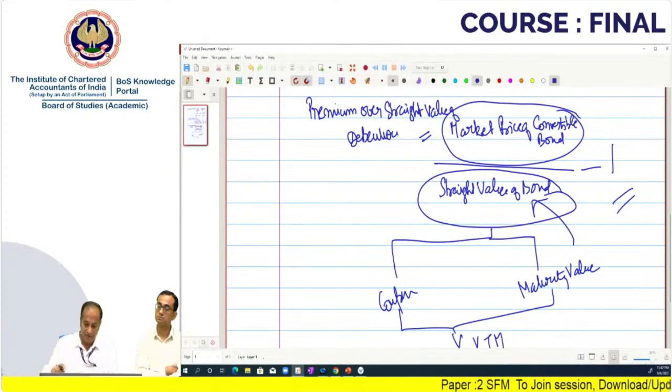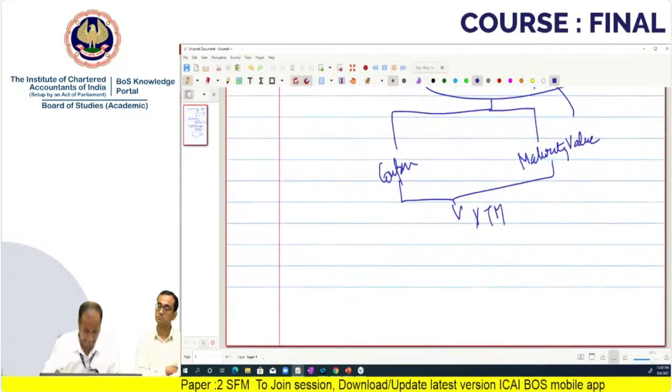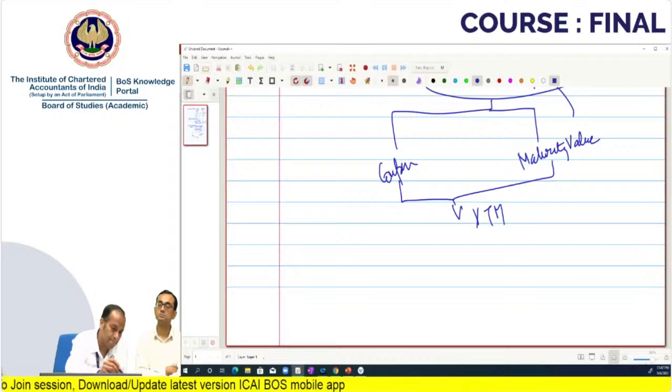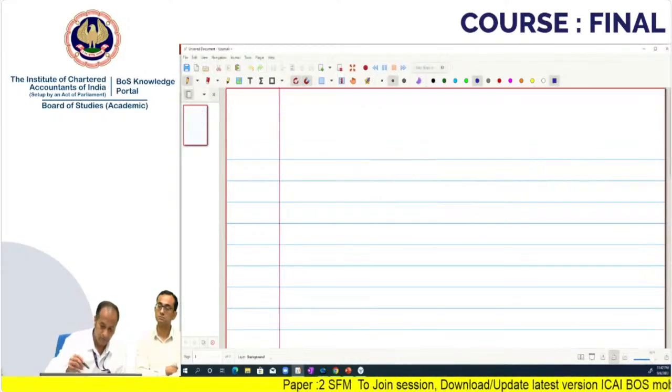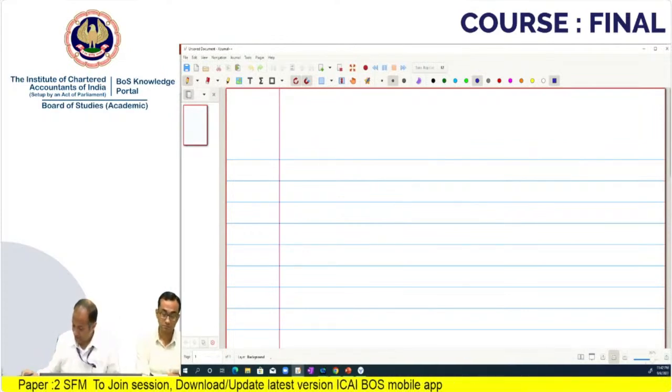Next term is favorable income differential per share.